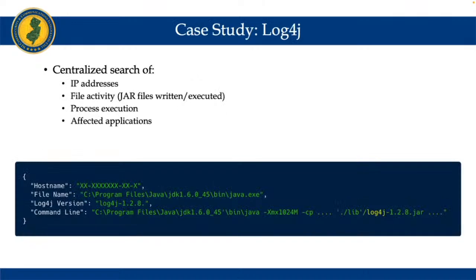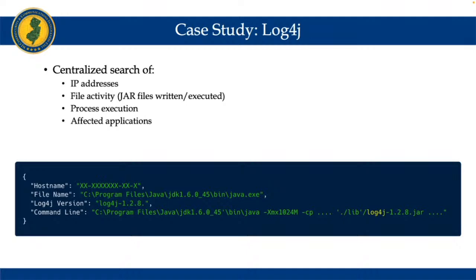And we have another example here of how we used EDR in our environment. When the Log4j vulnerabilities were discovered and announced, we were able to perform threat hunting to identify potentially vulnerable versions of the application.